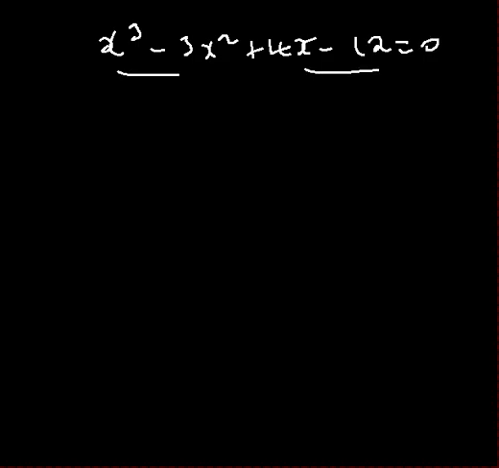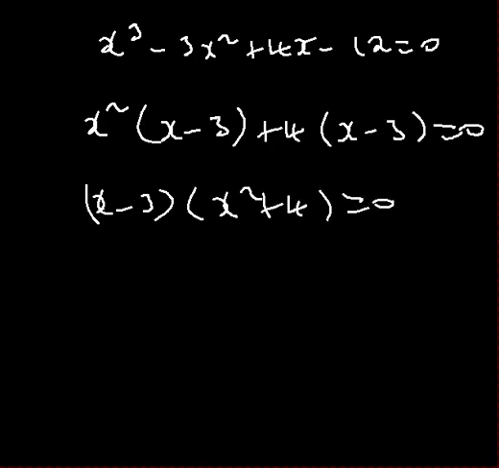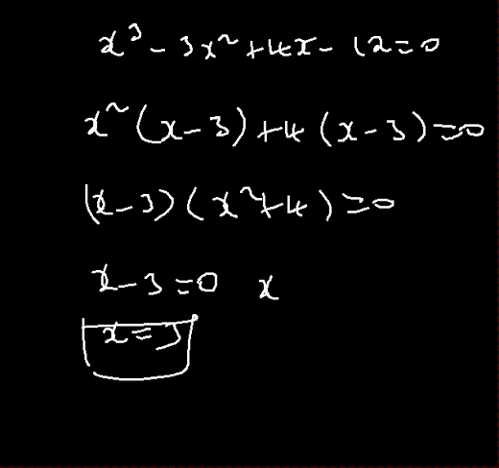We can factorize this using the grouping technique. That is x squared times x minus 3, plus 4 times x minus 3, which equals 0. That's x minus 3 times x squared plus 4, equal to 0. Therefore x minus 3 equals 0, using the zero product property, and x is equal to 3 for this case. On the same case, x squared plus 4 equals 0, and therefore x squared equals negative 4.